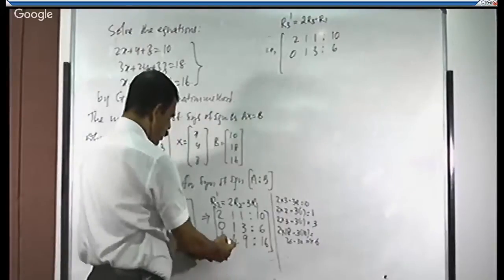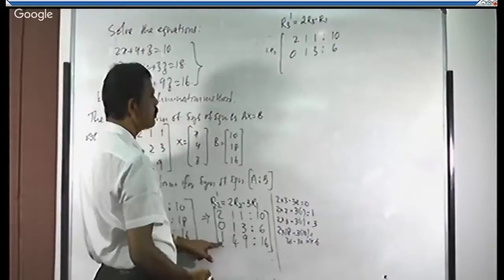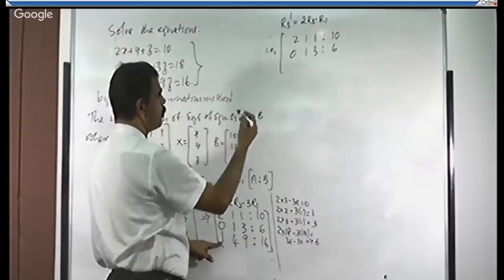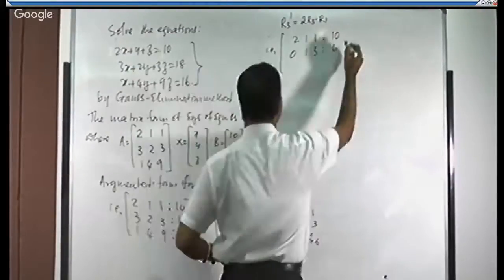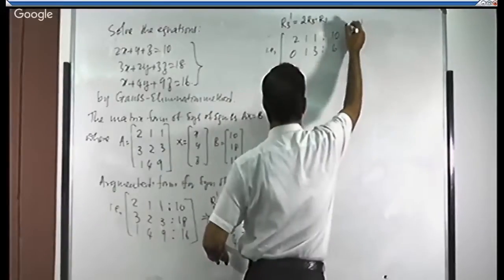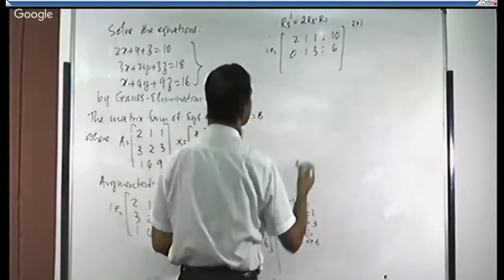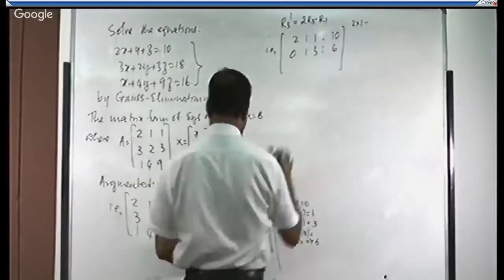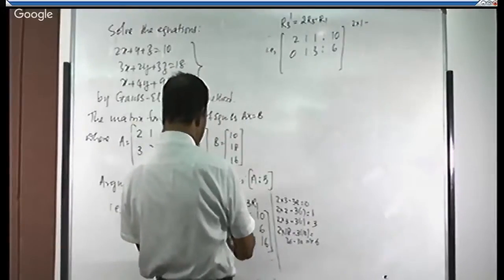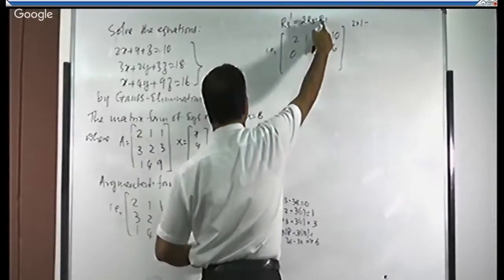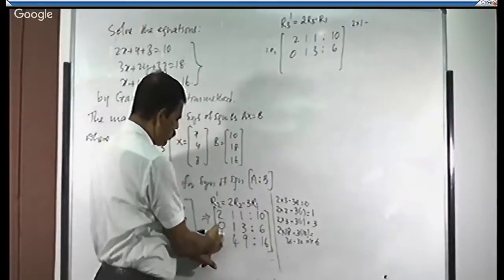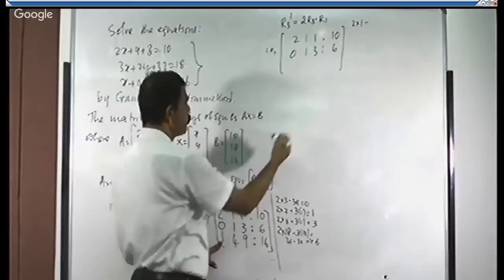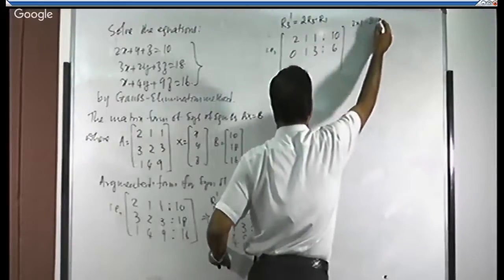And write the third row elements according to that rule. 2 into R3, 2 into 1, 2 into 1, minus corresponding elements of R1. What is R1? 2. Therefore, 2 into 1, 2, 2 minus 2. That becomes what? 0.